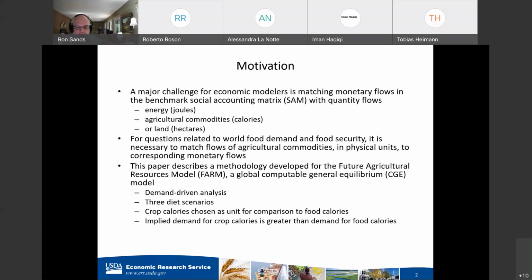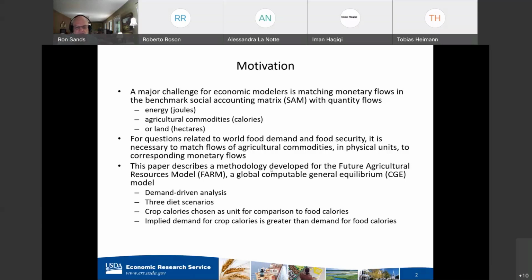This presentation describes the methodology that I've developed for my CGE model, called the Future Agricultural Resources Model. I'm using 3 diet scenarios as a demonstration of this methodology in the second half of my presentation. In terms of calories, I focus on 2 measures. One is total food calories, which is food calories available for consumption from the FAO food balance tables.